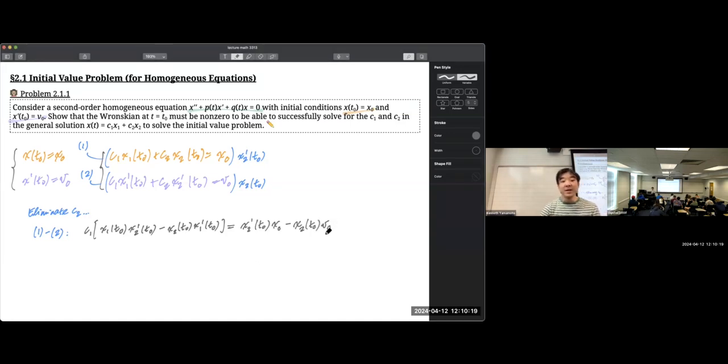This eliminates the C2, so we can find C1. There's only C1 left in this equation, and all you're going to do is divide. Therefore, your C1 is equal to this whole thing divided by this whole thing.